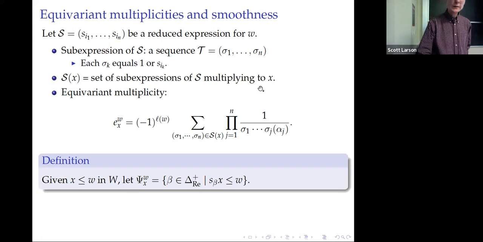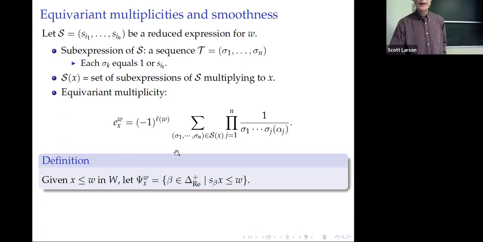And then the equivariant multiplicity is e_{w,x}. The formula doesn't matter too much for us, but the point is that it's a rational function, and it's obtained by enumerating over all the sub-expressions of this original expression S which multiply to X. And I have to hit these roots here.